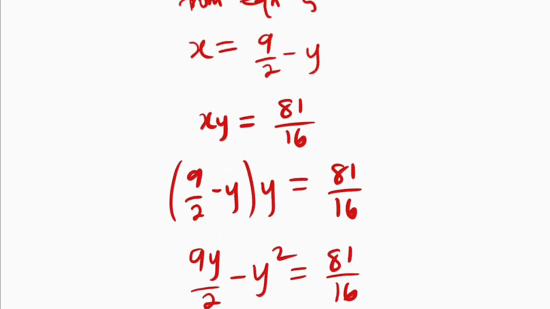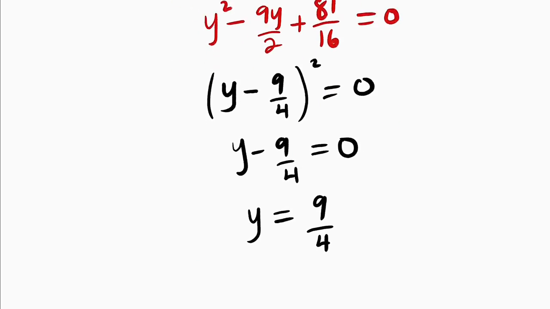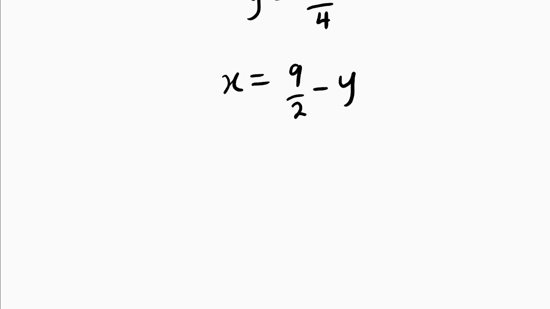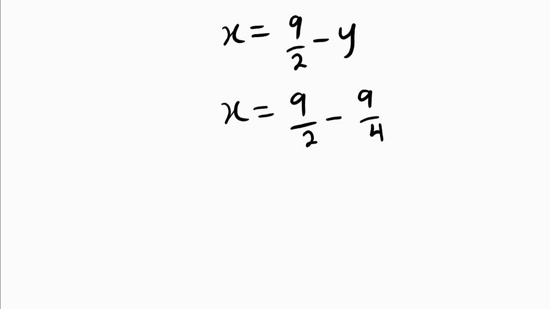And where is x? You can see x from this equation. It is 9 over 2 minus y. But y is 9 over 4. So x equals 9 over 2 minus 9 over 4. We can make the denominators the same by multiplying this side by 2 and 2.